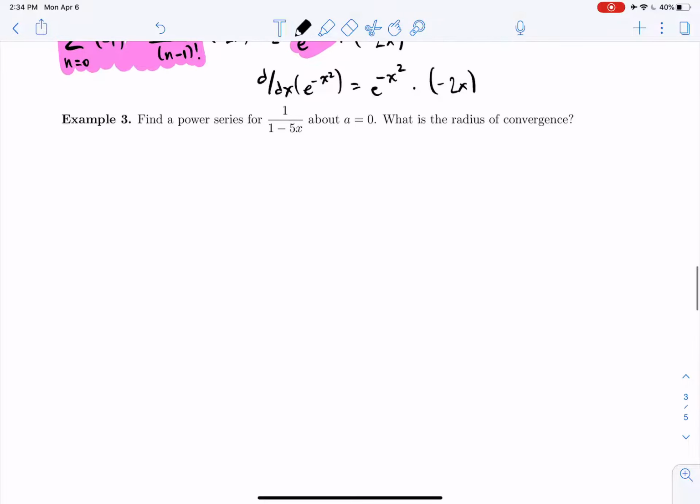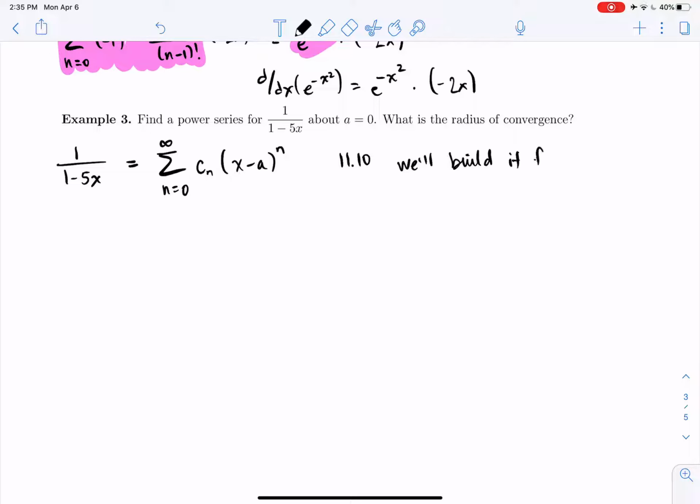So this function, 1 over 1 minus 5x, we want to write it as a power series, some infinite sum from n equals 0 to infinity with some coefficients c sub n times x minus a to the nth power. So how are we going to do this? Again, in 11.10, we'll build this thing no problem, from the ground up.